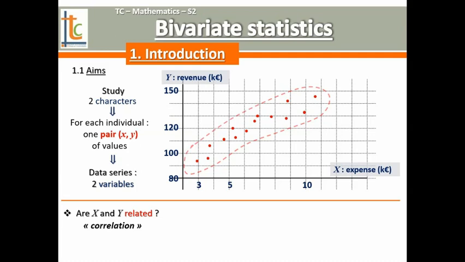You can see that here in the example, there is a correlation. It seems to be a good correlation between variables, even if from point to point, you can't say that Y is an increasing function of X. For a company whose value of X is bigger than another company, the value of Y is not always bigger.